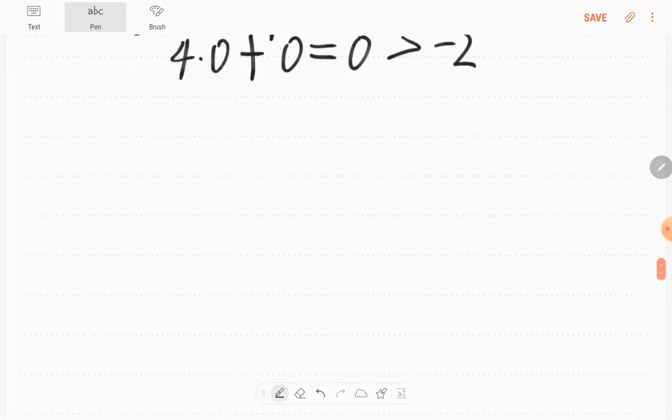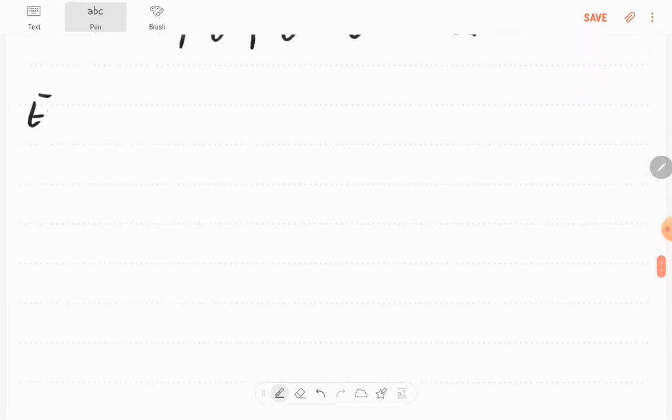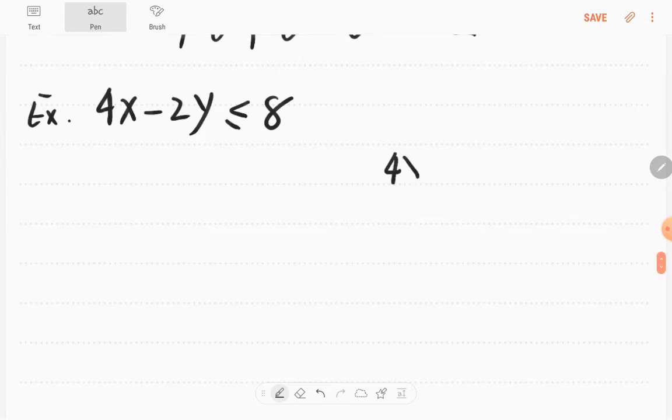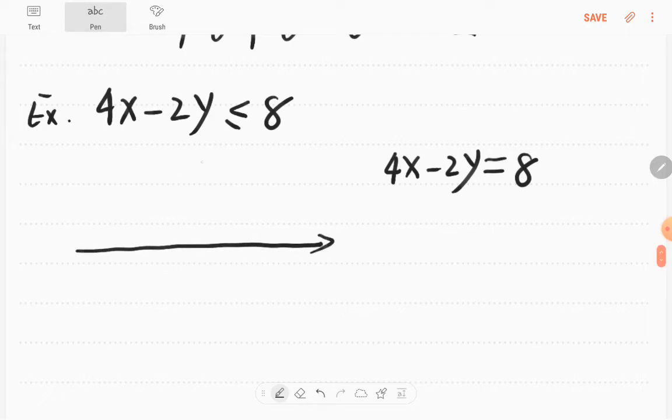Now let's look at another example. 4x minus 2y less than or equal to 8. Okay, so the same thing, we need to draw the graph for 4x minus 2y less than or equal to 8. So we can choose some x-intercept.